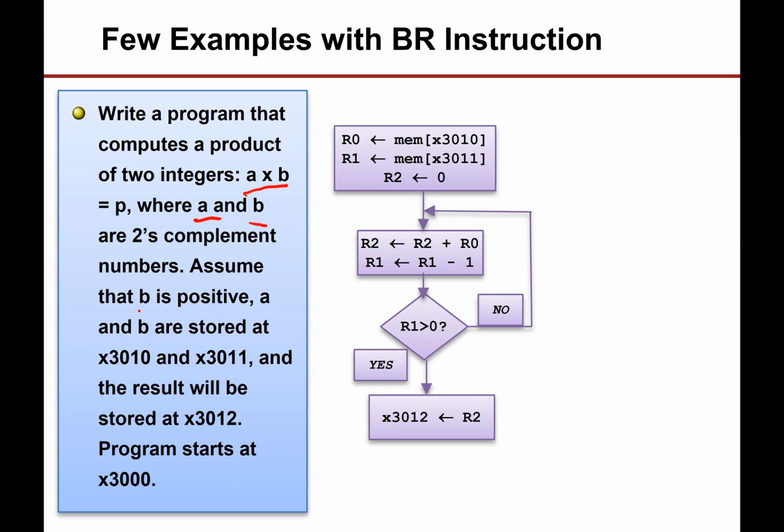B is positive, and A and B are stored at memory locations x3010, 3011, and the result will be stored at x3012, and the program starts at x3000.